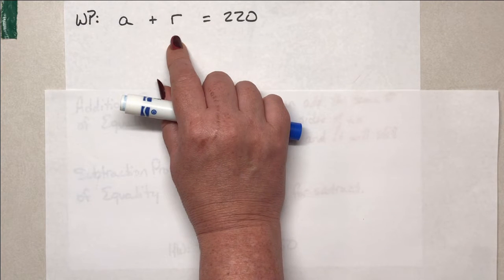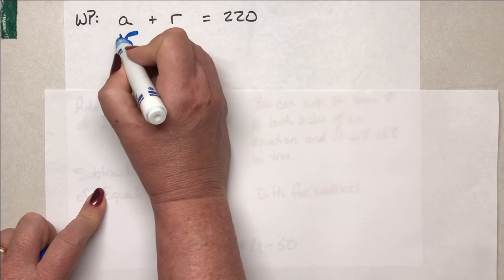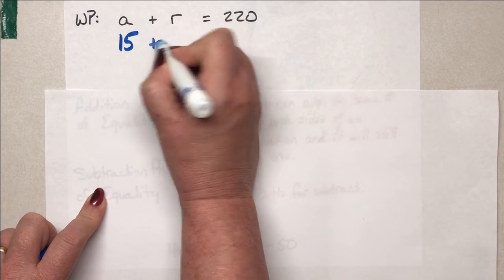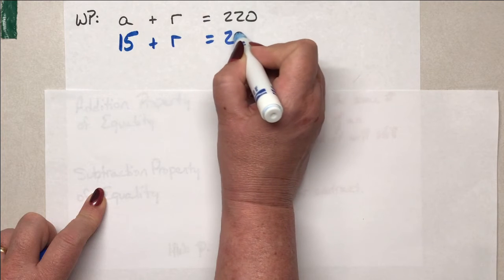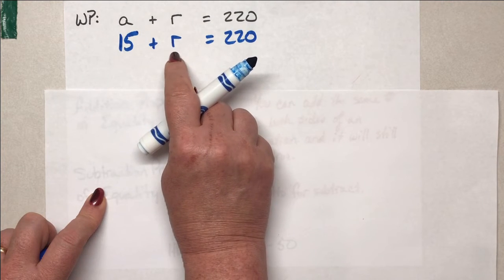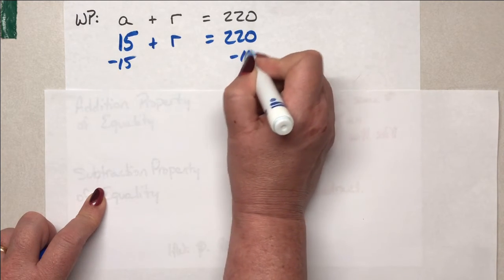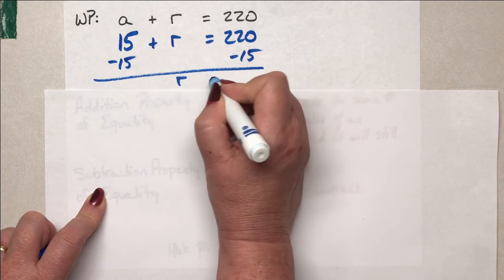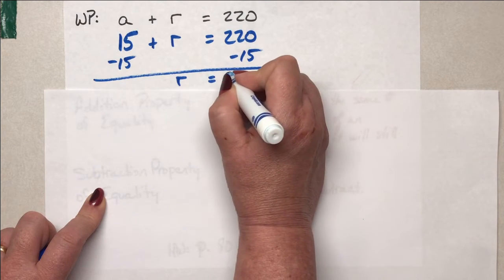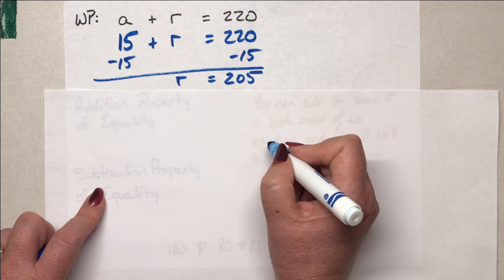So the question is, what's the maximum heart rate for your average 15-year-old? What if we substituted 15 for age? So 15 plus r is 220, and what I want to find out is what's the maximum rate. I want to solve for r. I have to get r by itself, so I'm going to subtract 15 from both sides, and I'm going to get a maximum heart rate of 205 beats per minute.